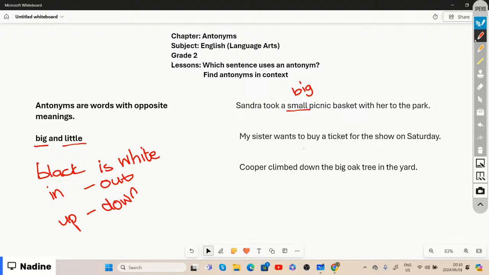All right, so yes, big, or another word we can say is large. So big or large are words that are the opposite of small.